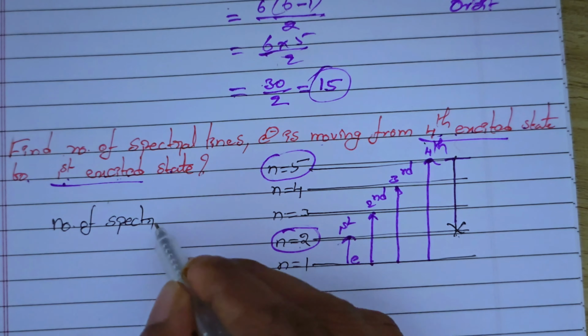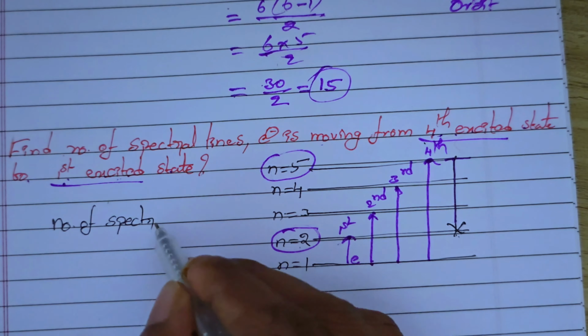So it is n2 minus n1 into n2 minus n1 plus 1 by 2. What is n1 and what is n2? n1 indicates the lower energy orbit and n2 indicates the higher energy orbit.